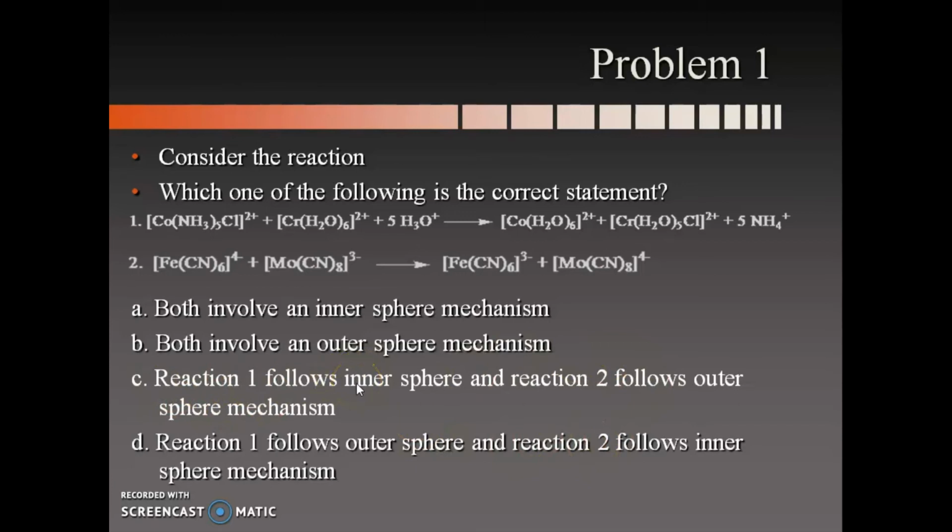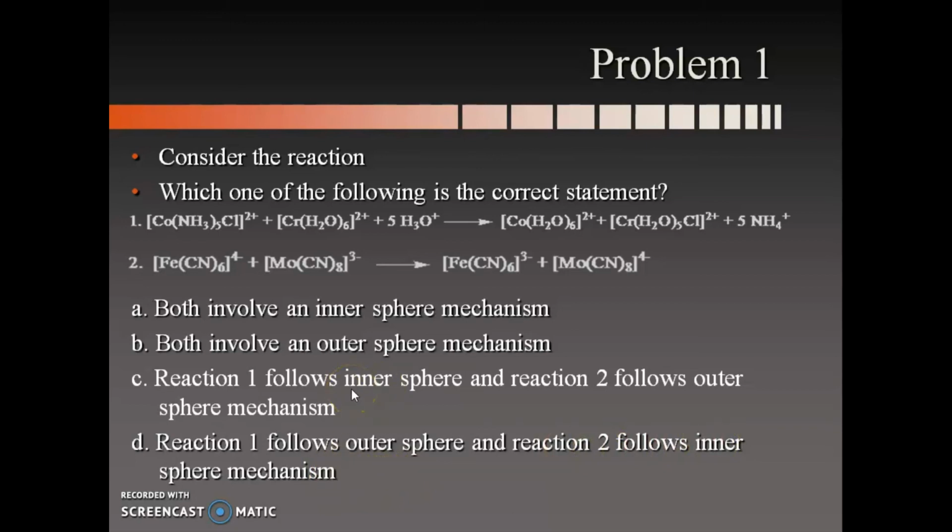We can fix it here because reaction 1 is inner sphere. We know that this is inner sphere, and we understand that this is also outer sphere. If you want, you can go and read the fourth one. The fourth option is reaction 1 follows the outer sphere mechanism, which is not true, and reaction 2 follows the inner sphere mechanism. What we are very confident of is that reaction 1 is inner sphere mechanism. So either it could be A or it could be C, right?